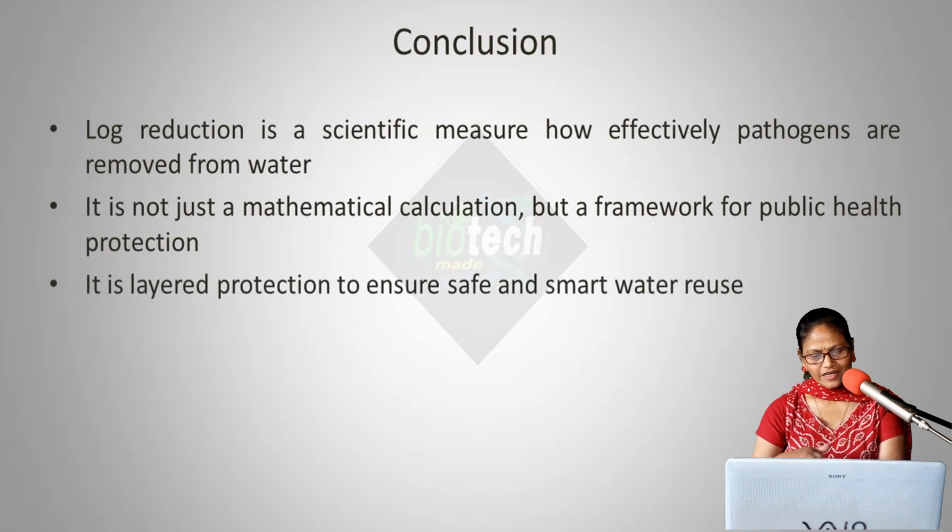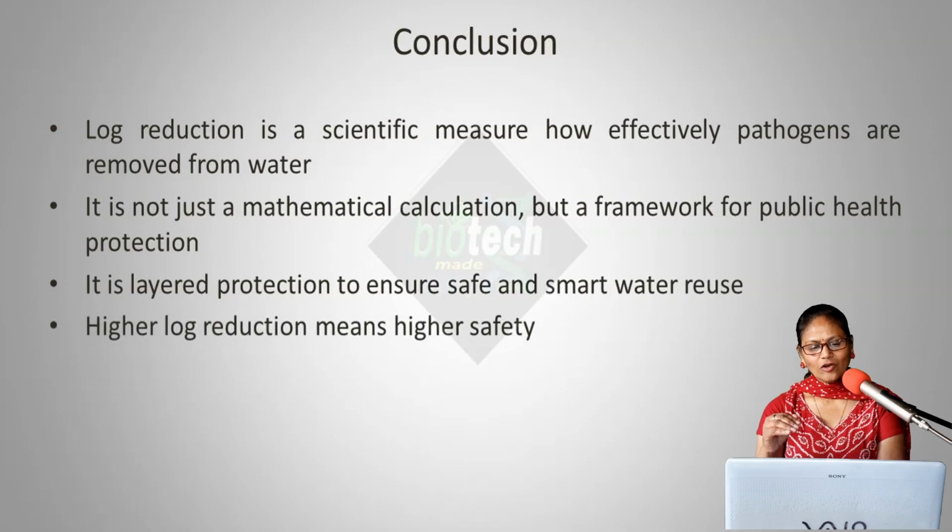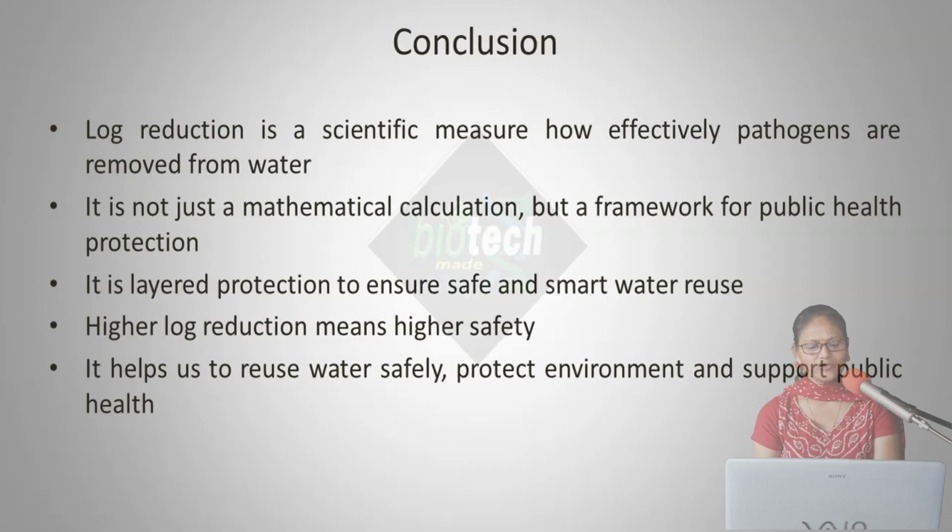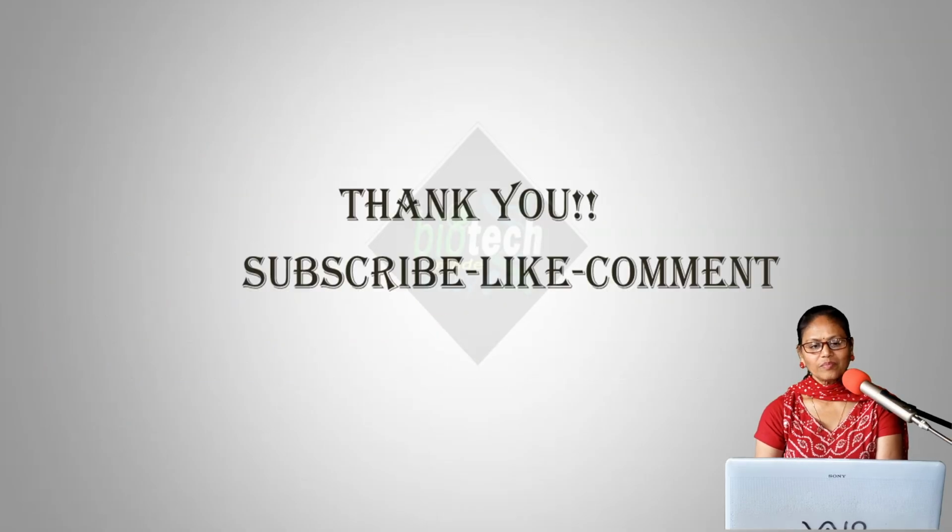It is a layered protection, one method after the other. It is to ensure safe and smart water reuse. Higher log reduction means higher safety. It helps us to reuse water safely, protect the environment and support public health. So that is all about the log system.